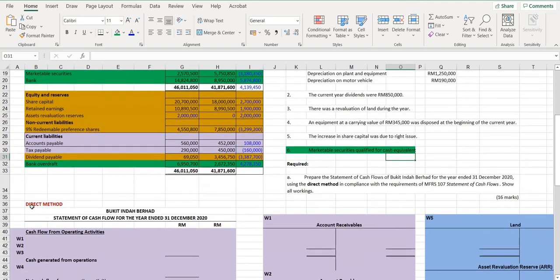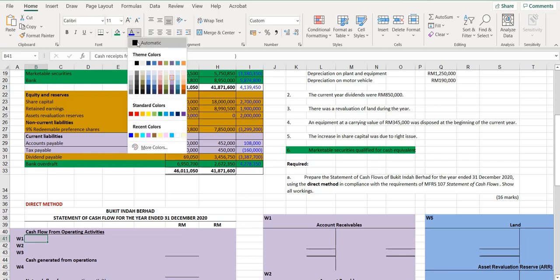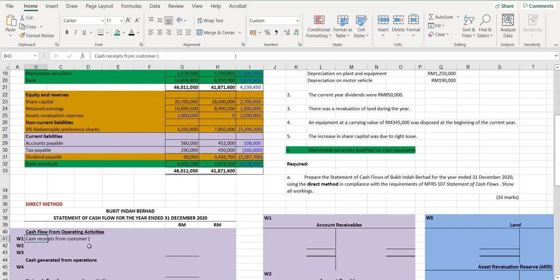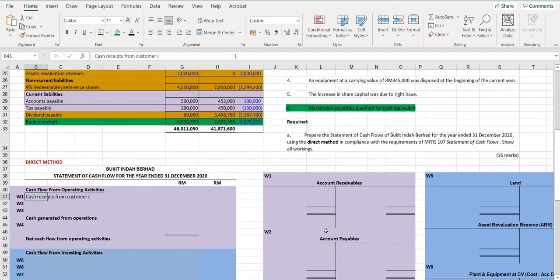For the direct method, my advice is you can use the top-bottom approach, where you start by finding the items under cash flow from operating activities. For cash flow from operating activities, you are going to find out the cash received from customers using the reconstruction of the accounts receivable.